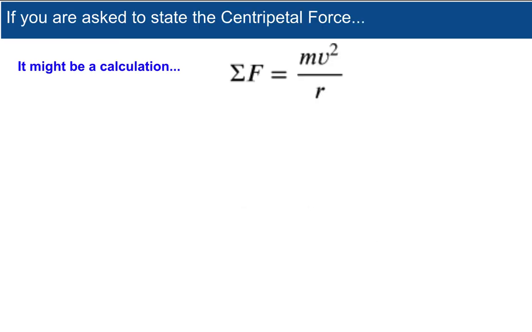So if you're asked to state the centripetal force, you might be doing a calculation. It might be a problem where you're given the speed and the radius and the mass, or maybe you're figuring out the speed first and then using this sort of an idea. But if you're asked to state the centripetal force, it might also just be asking, what is producing the circular motion?